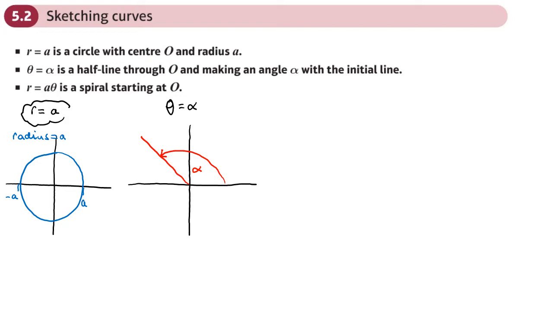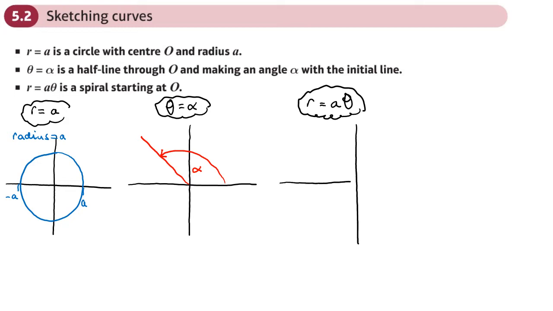The next type is r equals a theta. I said in the last video you can think of r like the radius, and what's happening here is as theta increases, the radius increases. So what we're going to have is basically a spiral.